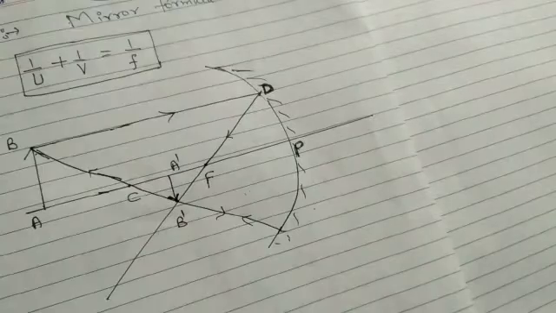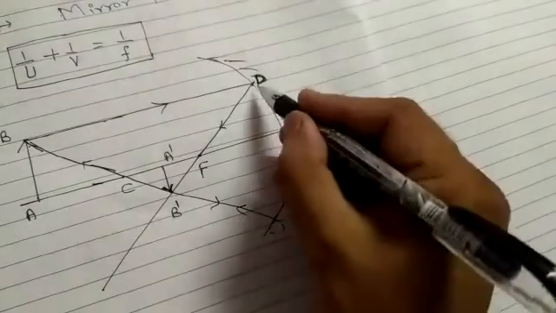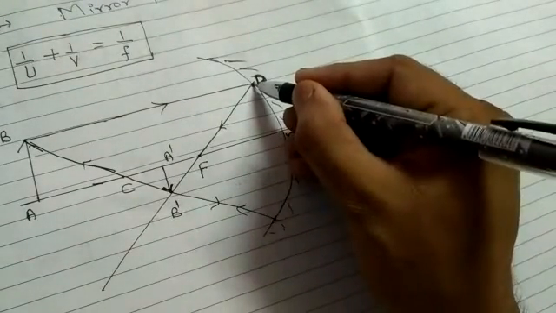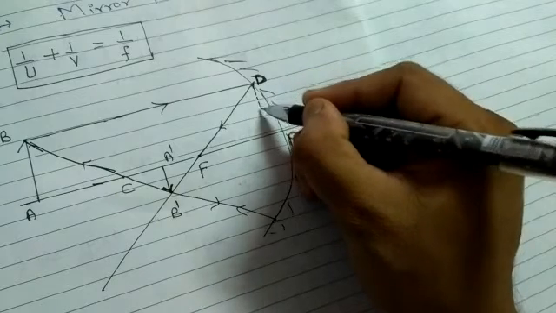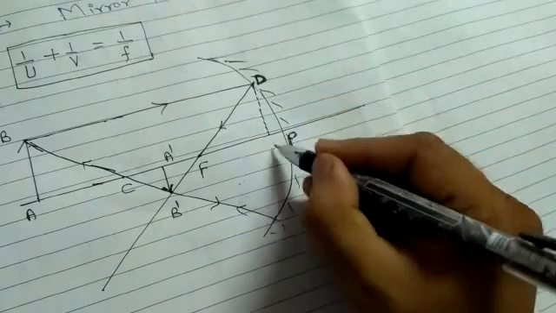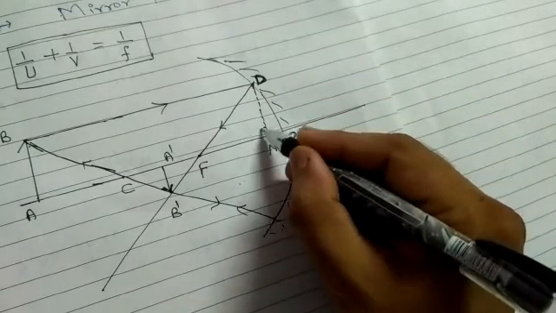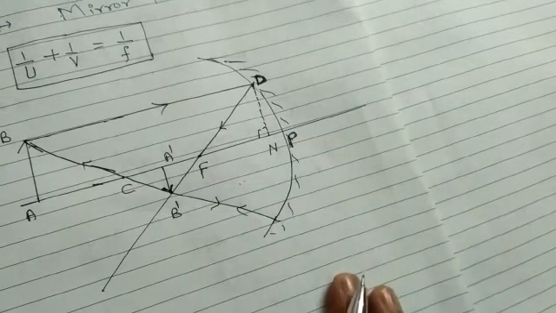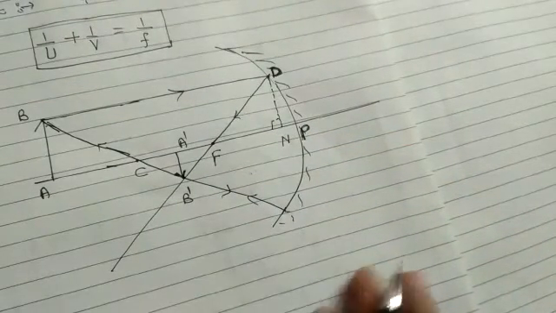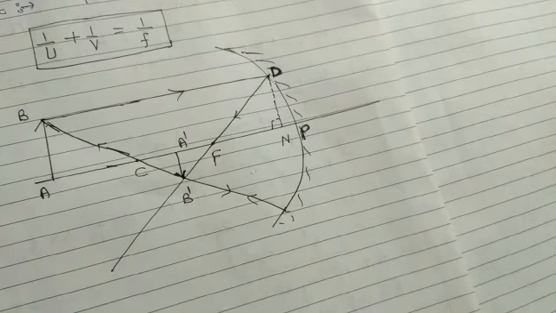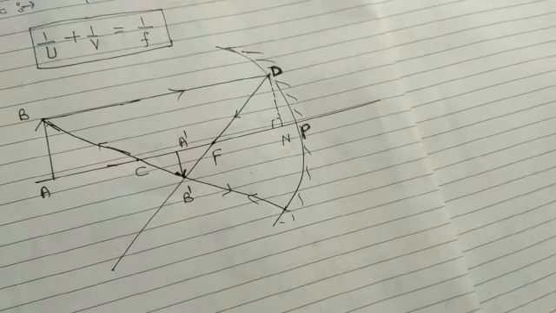Again, from point D, draw a small normal. So DN is the normal drawn on the principal axis, this way. Now see the diagram carefully.